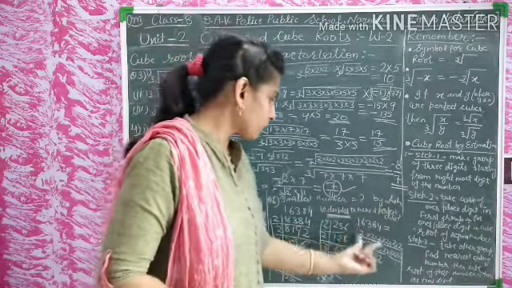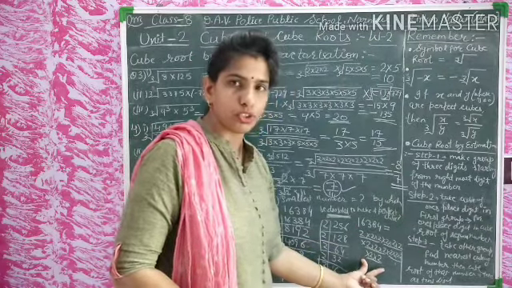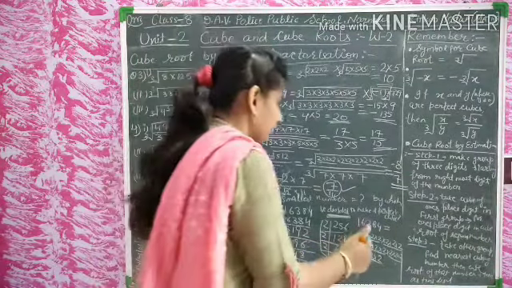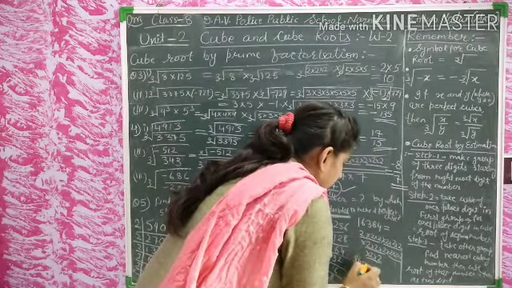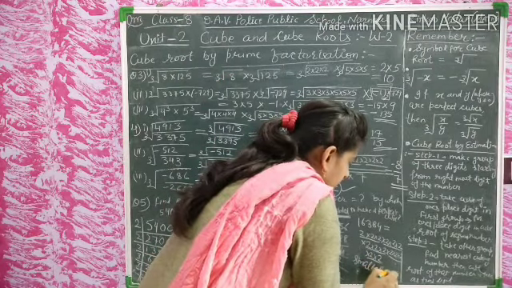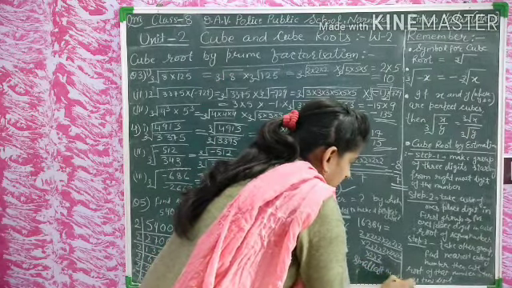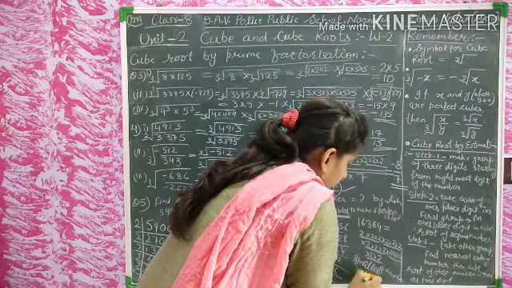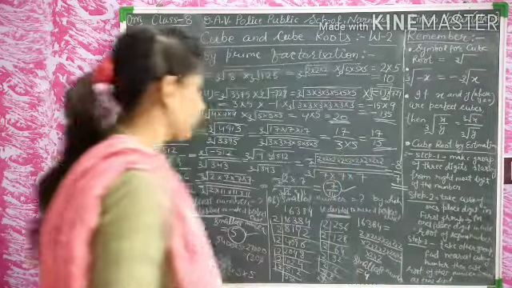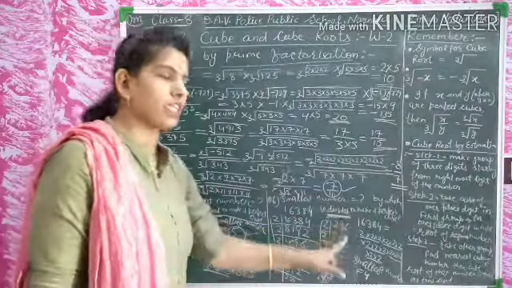So these are the extra numbers, 2 into 2, and the smallest number is equal to 4. There is the number 4 which divides it to make a perfect cube number.